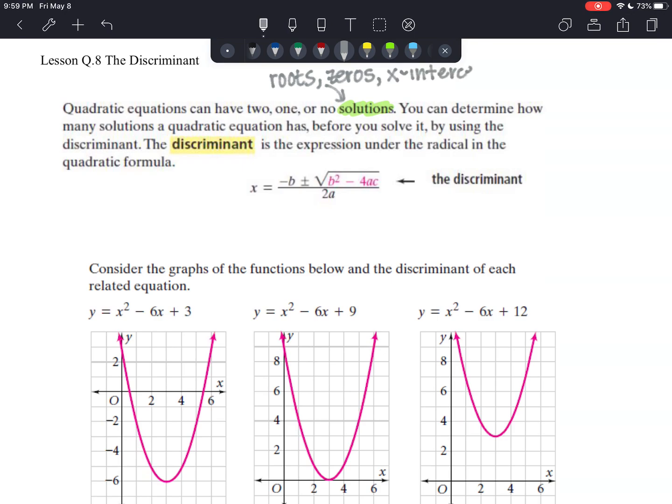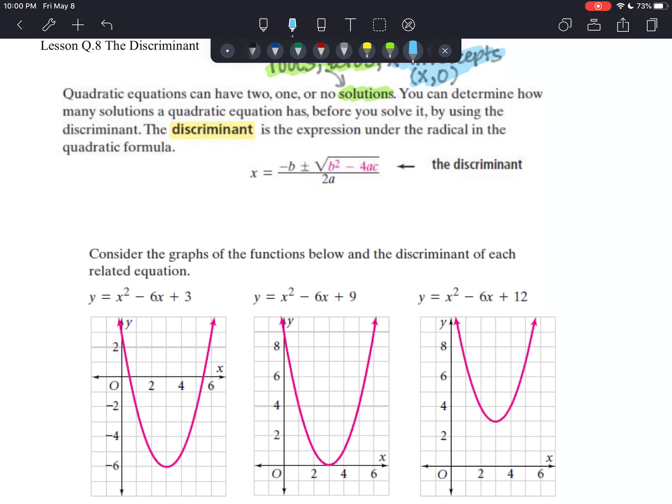If we use the phrase x-intercepts, we'll be using an ordered pair to show the two coordinates for the x-intercept. We can say solutions, roots, or zeros, and those are all written the same way. X-intercepts means the same, but it's written differently.